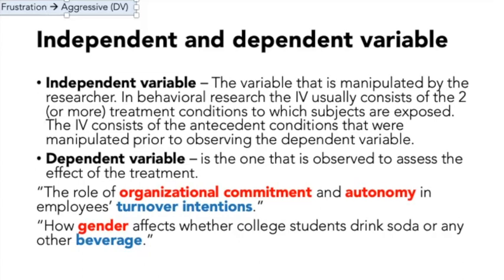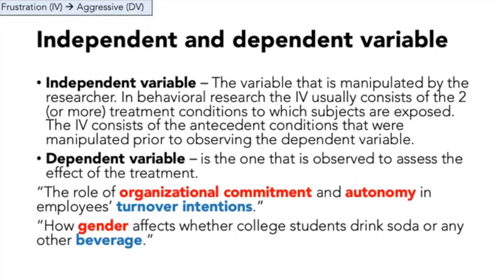I randomly assign people into these two groups so that I could check whether being frustrated or not has some changes in their aggression score. So when we discuss the experimental designs, this will be even further clear to you. But for the time being, I'm going to just write it as independent variable.